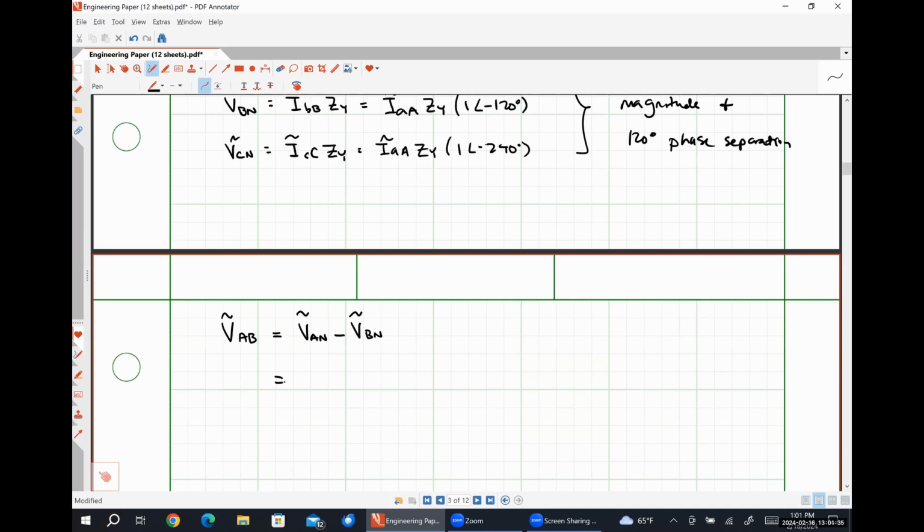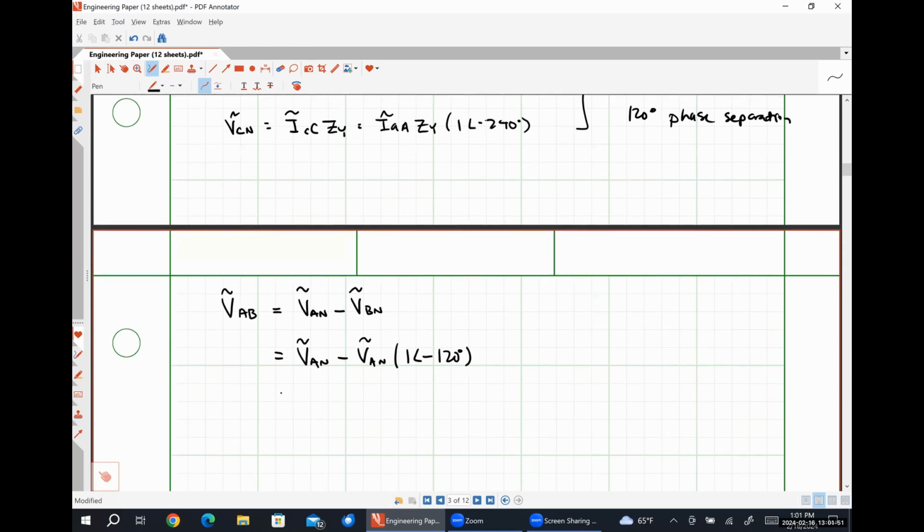We're accidentally going to stumble into a transformation here that we're going to wind up using in a few minutes. So this looks like VAN minus VAN times 1 angle negative 120 degrees, or VAN times 1 minus 1 angle negative 120 degrees.